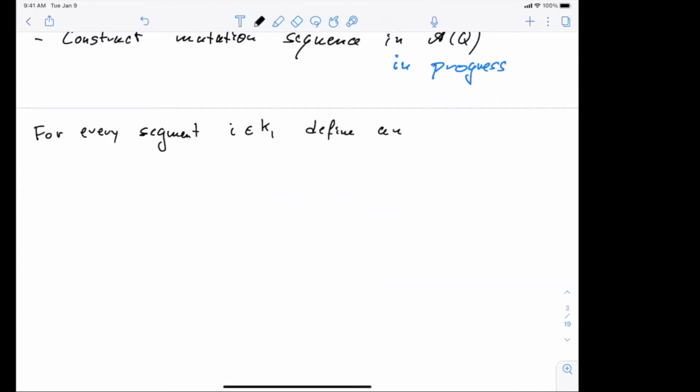We define an indecomposable B module as follows. We give it a name called T_I.